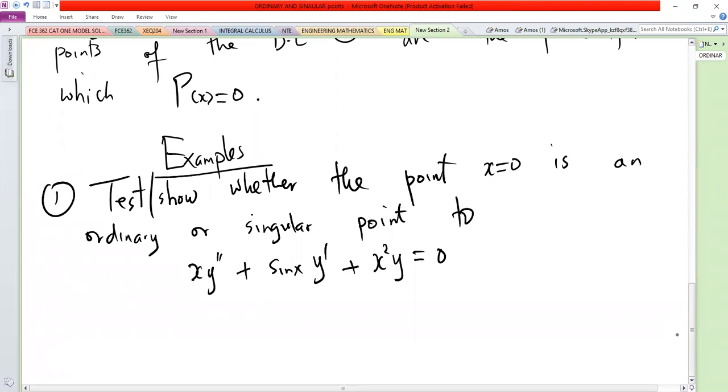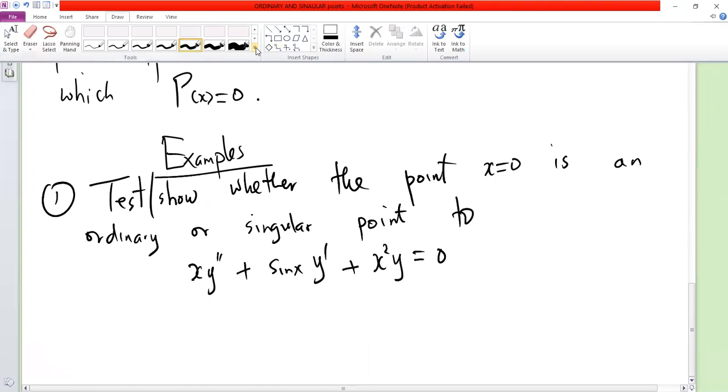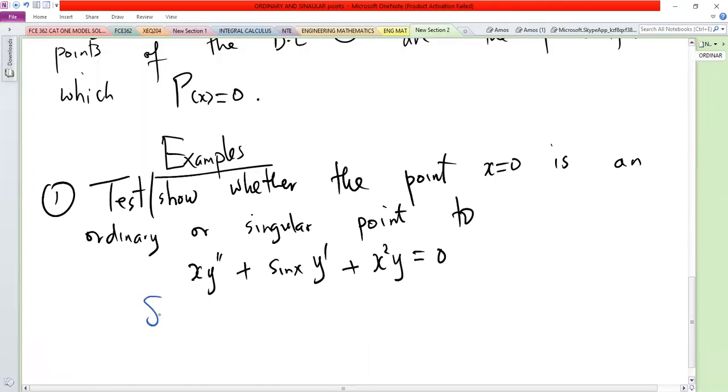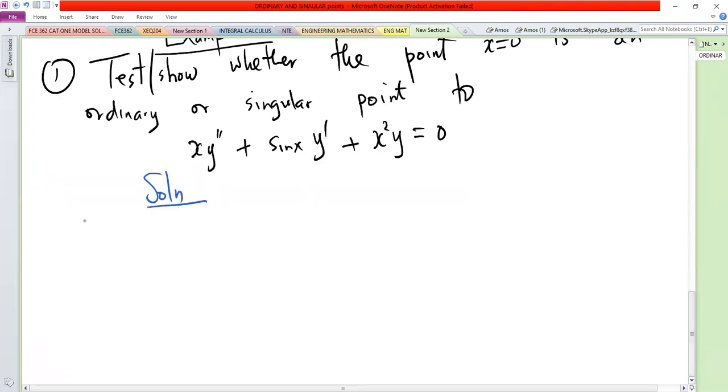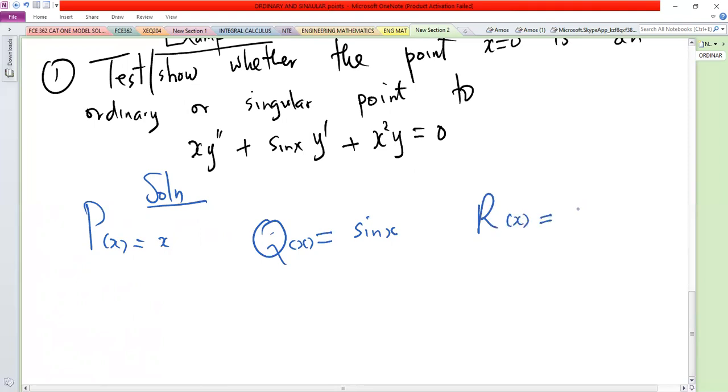So here now, this is how we show this. Solution. First, observe that capital P of x is x, capital Q of x is sine x, and capital R of x is x squared.